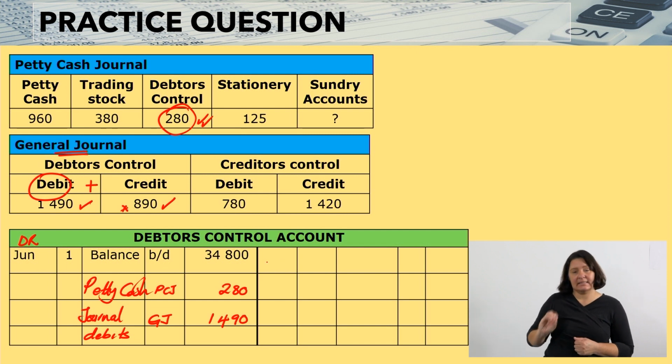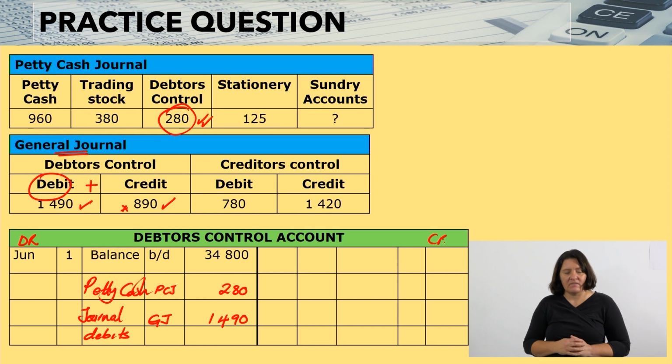And the amount on the credit side, I will now bring it to the credit side of my debtors control. This can be as a result of debtors that are no longer able to pay their accounts, and we call those bad debts. They will therefore decrease our debtors control amount. So I'll bring them to the credit side. I'm decreasing my debtors control.